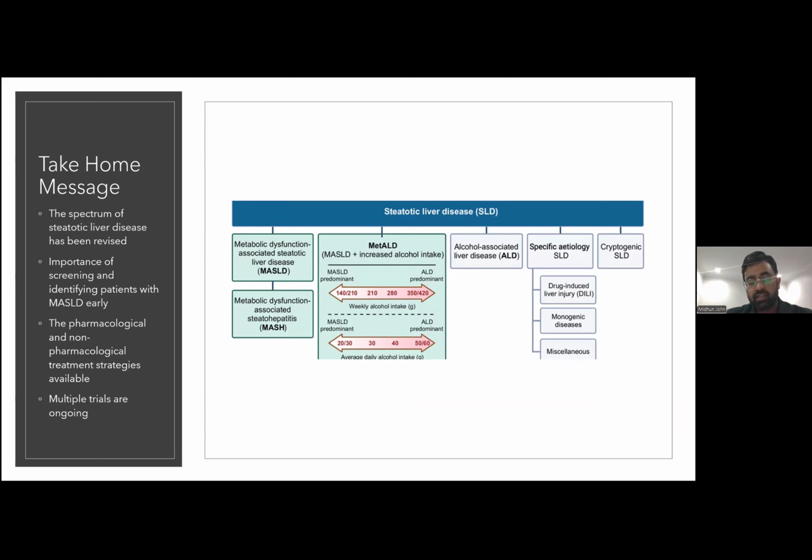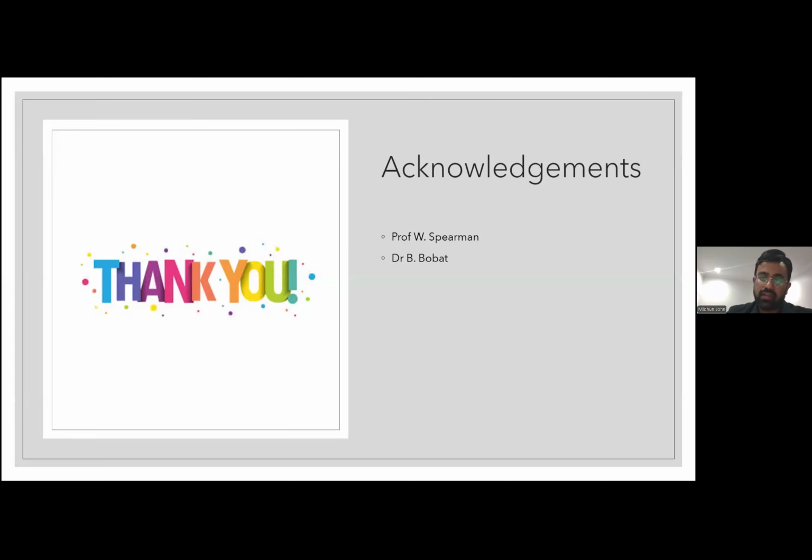More importantly, it is important to screen our patients as early as possible, because the earlier you treat, as you can see, the better the resolution of both fibrosis and steatosis in general. We touched on a couple of pharmacological and non-pharmacological treatment strategies, and in the last slide, as described, look out for multiple trials that are ongoing, and hopefully will open up a lot more for our future in treatment of MASLD. Thank you so much.